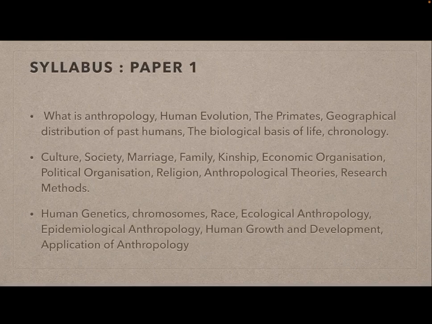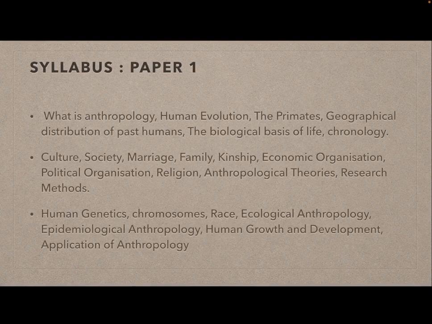The topics are what is anthropology, human evolution, the primates, geographical distribution of the past human, the biological basis of life, chronology, culture, society, marriage, family, economic organization, political organization, religion, anthropological theories, research methods, human genetics, chromosomes, race, ecological anthropology, epidemiological anthropology, human growth and development, application of anthropology. So paper 1 basically contains socio-cultural anthropology and physical anthropology.